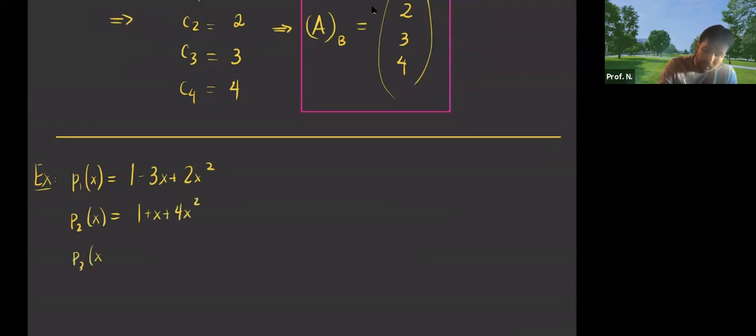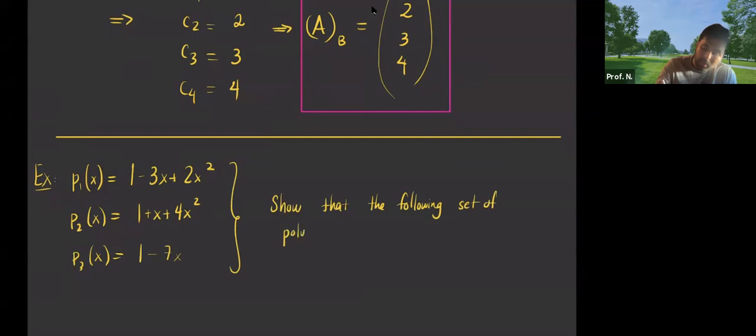And P3 of x is 1 minus 7x. And then the question is, show that the following set of polynomials is not a basis for P2.